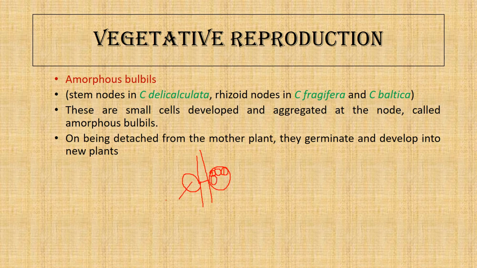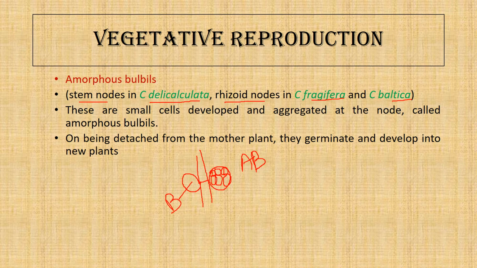Say this is the normal bulbil and this is the amorphous bulbil. So they can arise from the nodes of either the stem or the root of a Chara plant. In the Chara delicatula, it occurs in the stem nodes, and in the Chara fragifera and Chara baltica, it occurs in the rhizoid nodes.